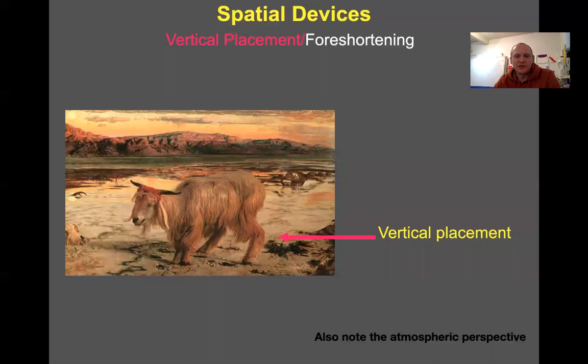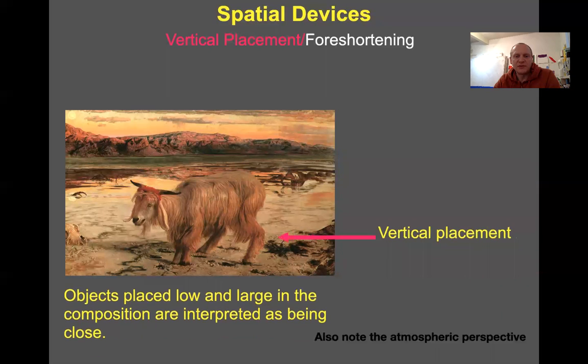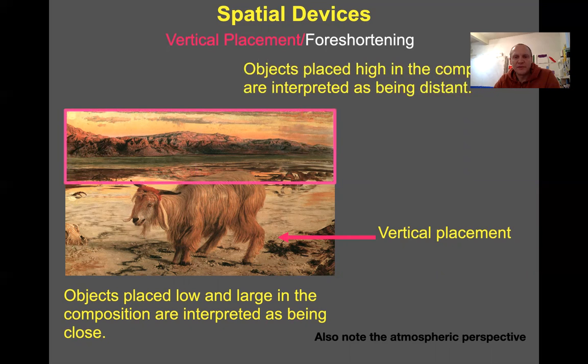Here we've got vertical placement. This object that's low and large is interpreted as being close. Also note atmospheric perspective, and we'll talk about that in a bit. Things that are high are interpreted as feeling distant.